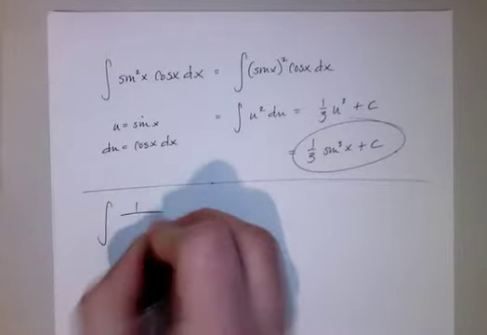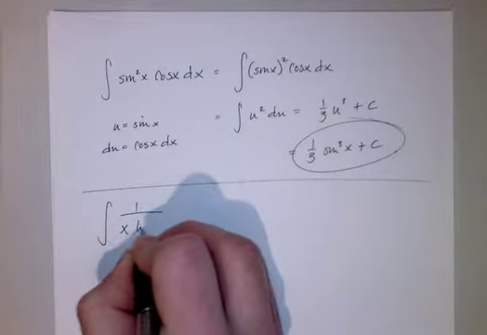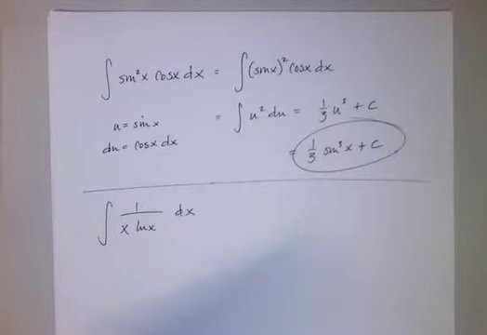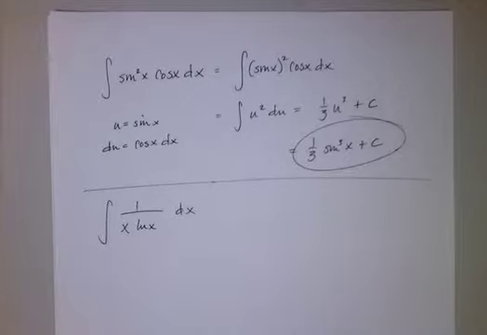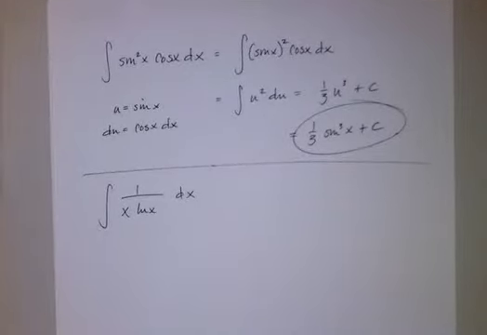So I have 1 over x natural log x dx. That's a tough one. It's rational. It's got a monomial denominator, but it's got nothing but a 1 in the numerator, on top of the fact that that monomial denominator is a product function of 2 different classes of functions, the x being from the polynomial family, natural log x, of course, being from the logarithmic family.